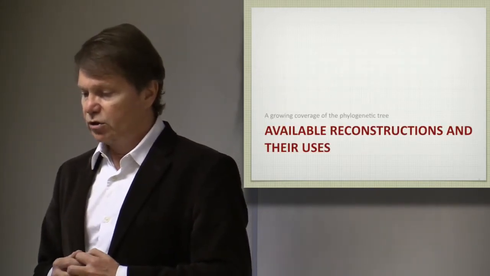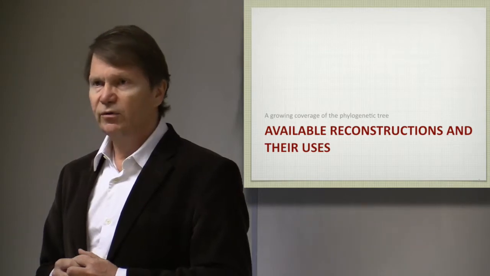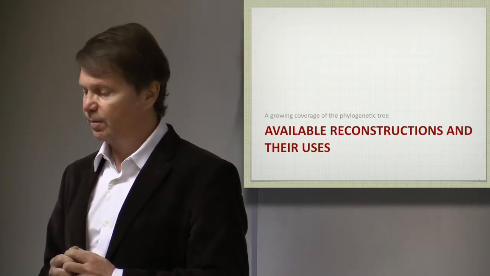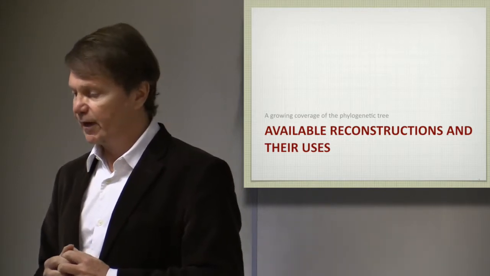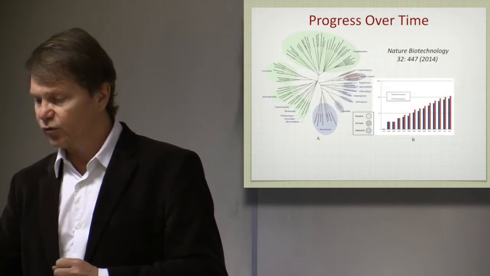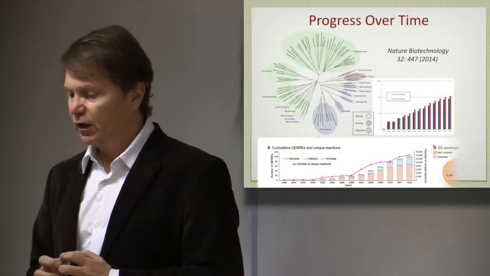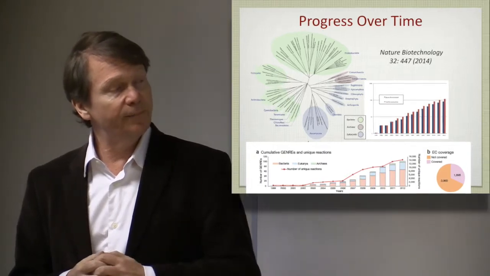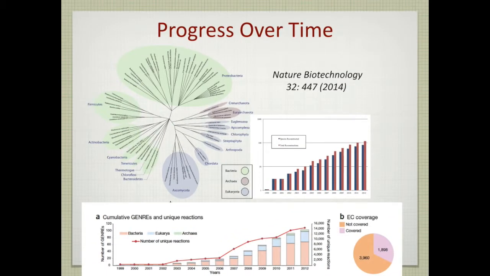All right, so let's talk a little bit about the available reconstructions and what they've been used for. We got a little bit of a taste of this in the last two lectures, so we'll say a few more things about them. First, the phylogenetic coverage of models is shown in this diagram to the left. Most of the reconstructions available right now are for bacteria.